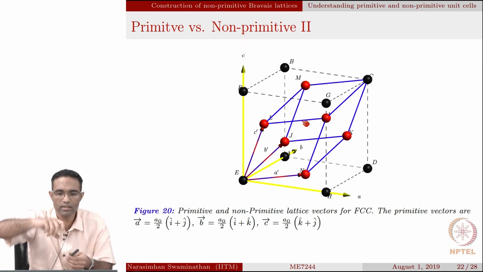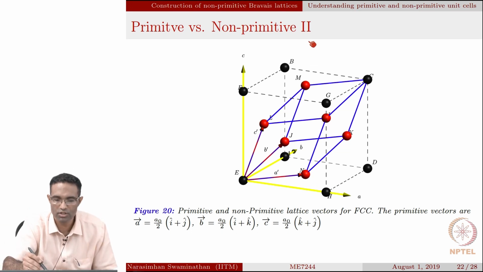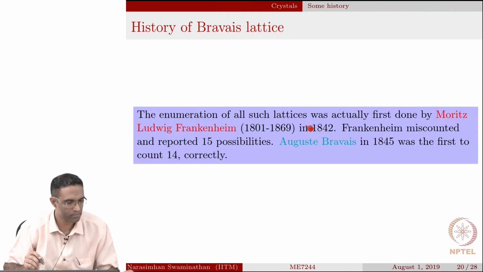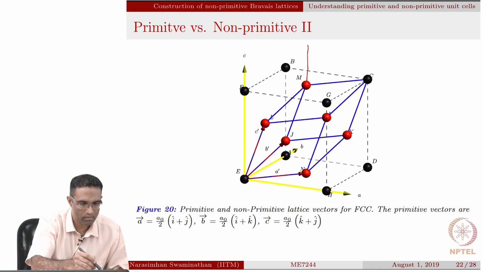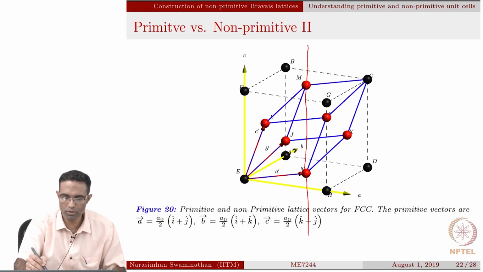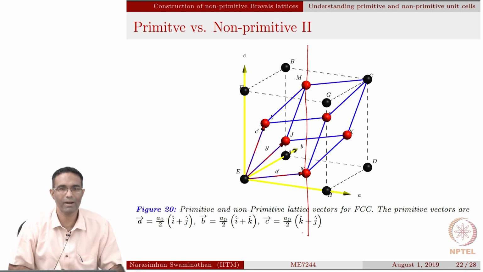That means if you rotate this structure about a line, suppose you rotated this structure about this line by 90 degrees, the crystal structure would exactly coincide with itself, right?